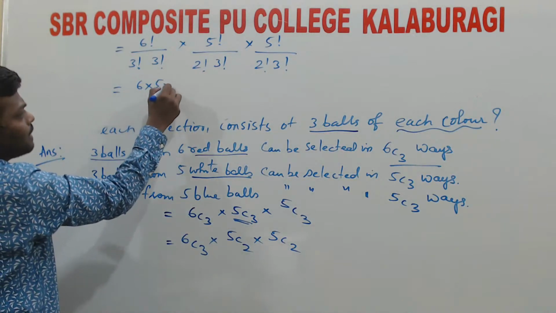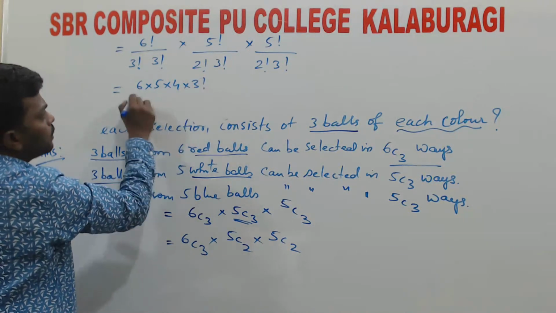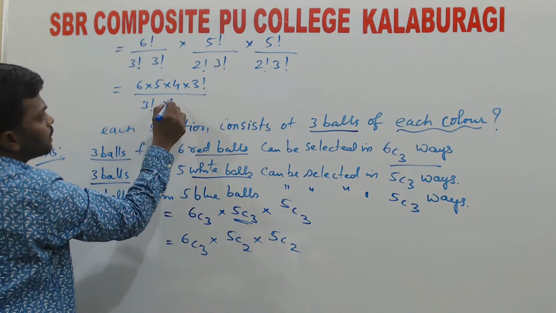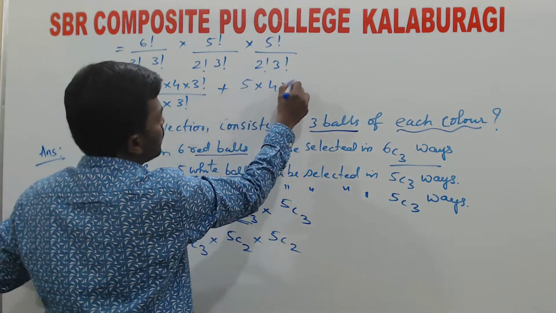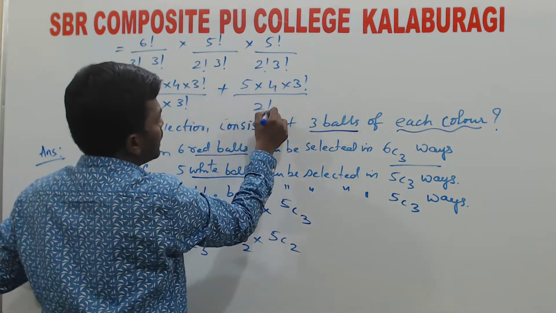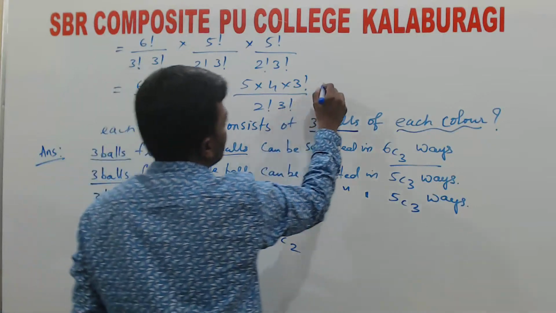So 6 into 5 into 4 into 3 factorial divided by 3 factorial into 3 factorial, into 5 into 4 into 3 factorial divided by 2 factorial into 3 factorial.